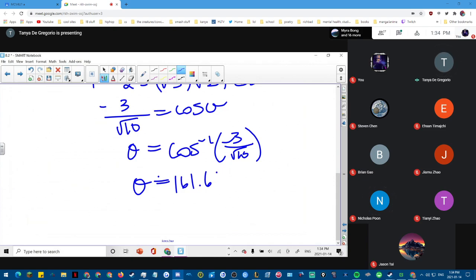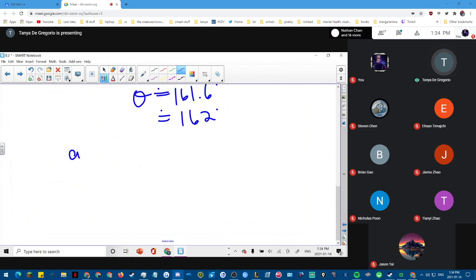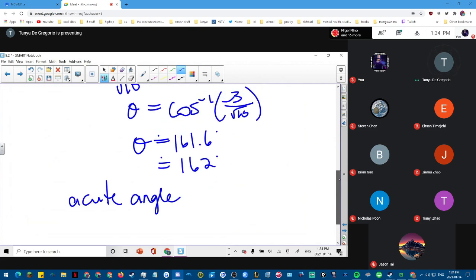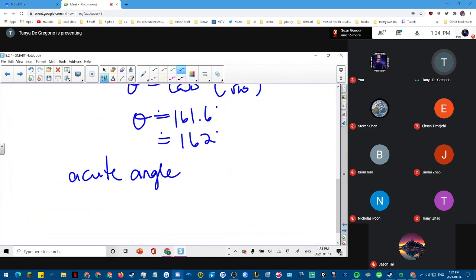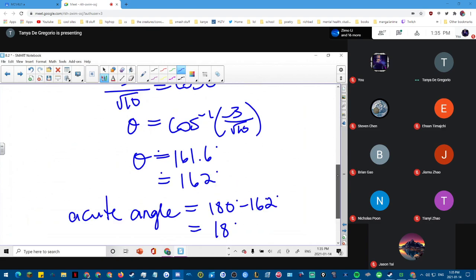Okay, I'm going to round it here. And so what will the acute angle equal? We just subtract, right? We found here the obtuse angle because our cos was negative, but we can just subtract from 180 to find the acute. And there's the angle. Cool.